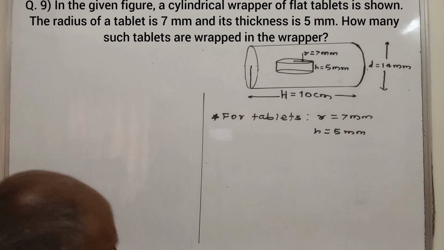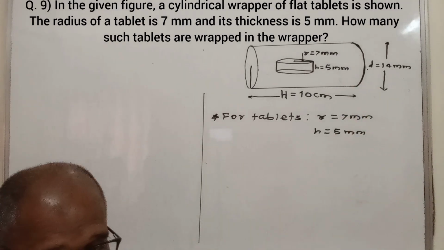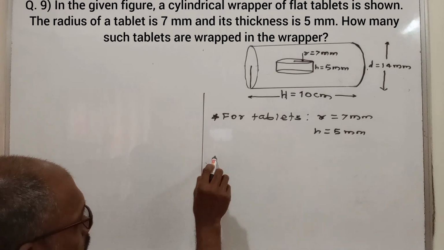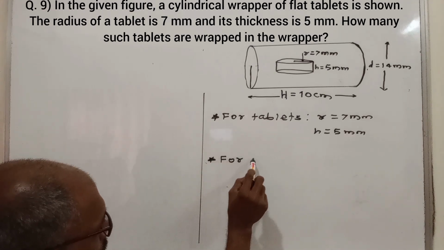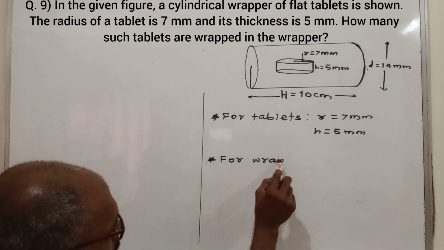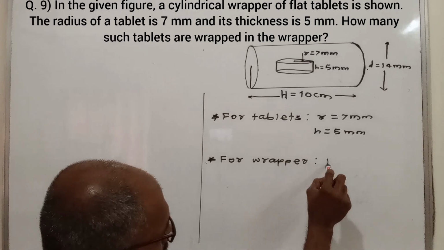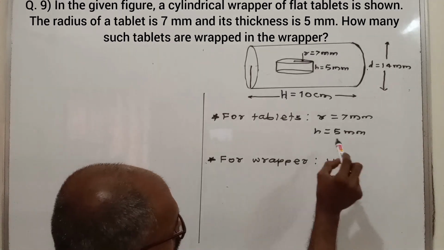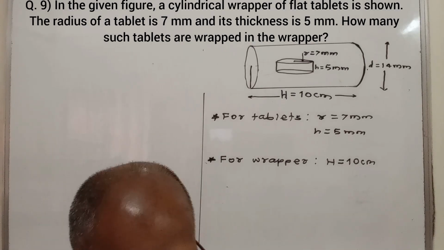Okay, now we have been given the diameter of this cylindrical wrapper. What is that? For the wrapper, capital H, total height, is 10 centimeter.